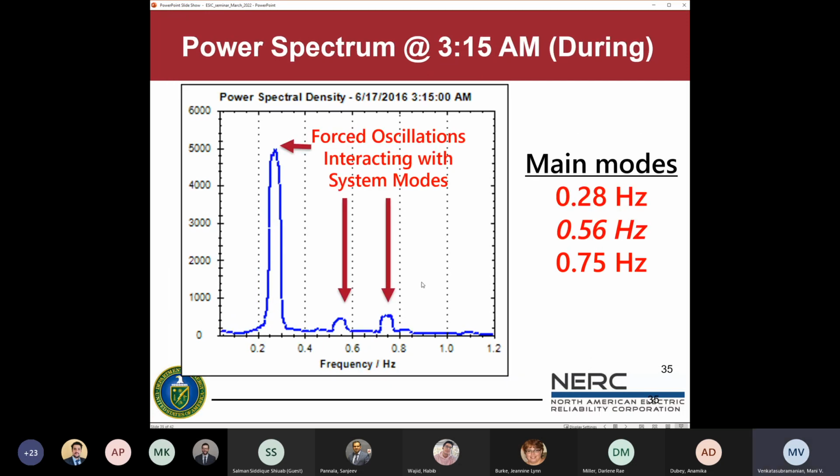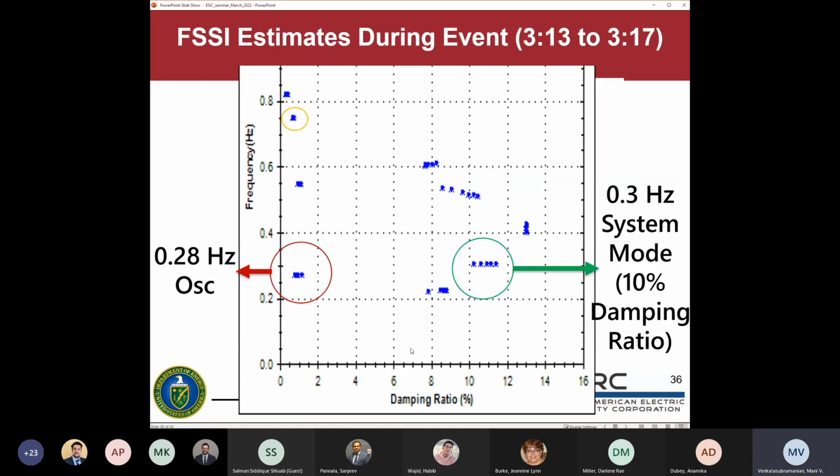So when the oscillation started at the power plant, you can see the oscillation energy at 0.28 Hz got amplified a great deal because of the resonance phenomenon. And we also saw harmonics of the 0.28 at 0.56 and also at 0.84 Hz. And this can also be shown by using the time domain analysis using the stochastic subspace method.